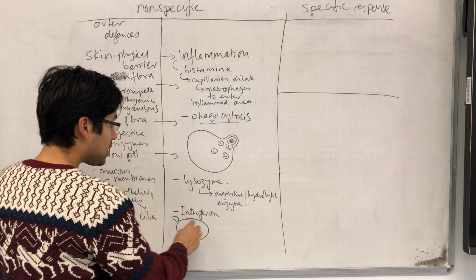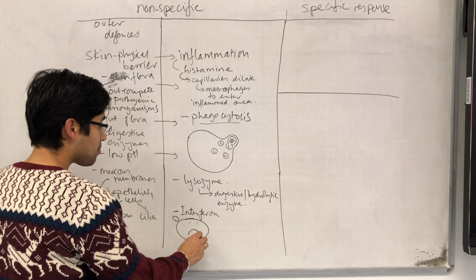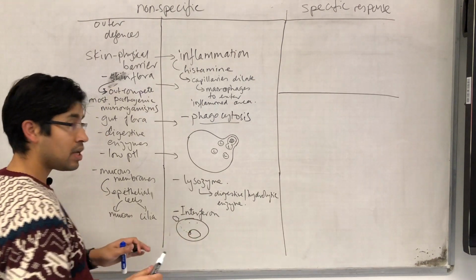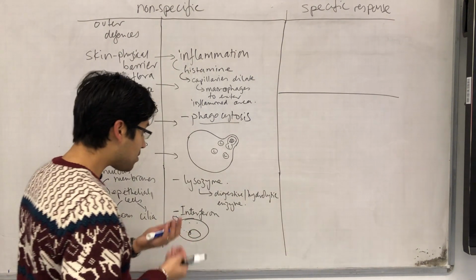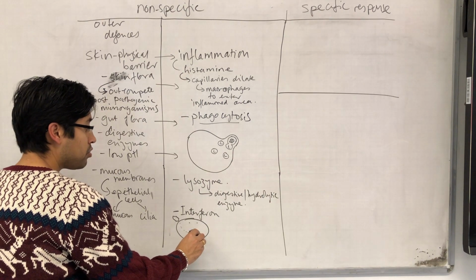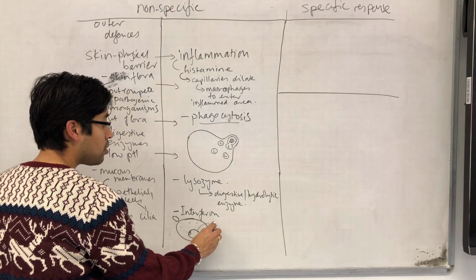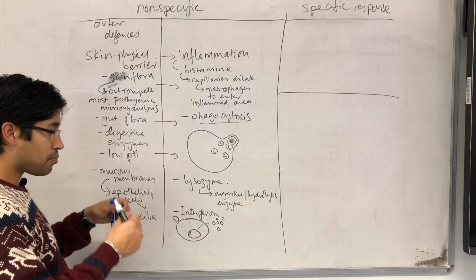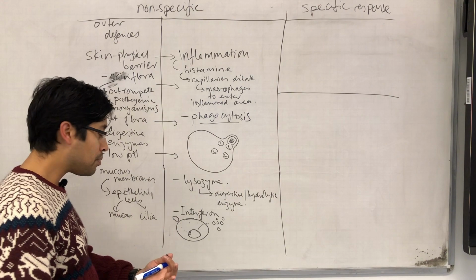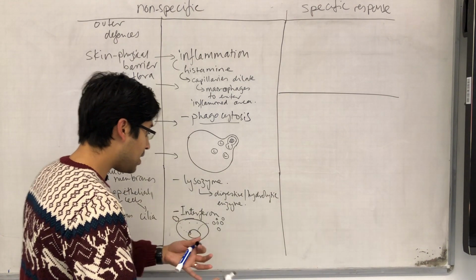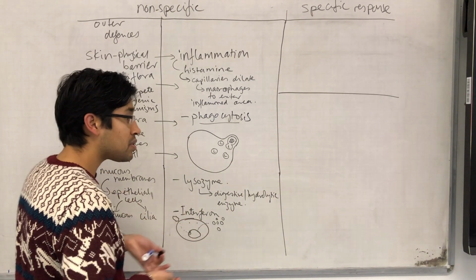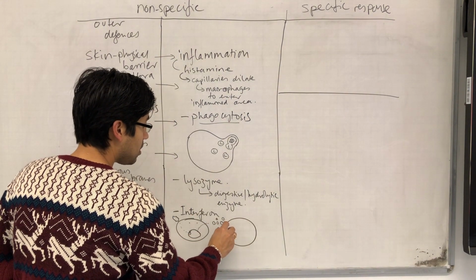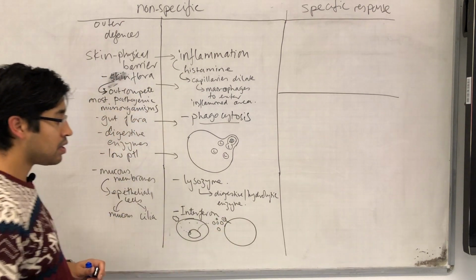But the presence of the virus causes a change in gene expression in the nucleus. It activates certain genes that cause the production of a protein called interferon. So the gene is transcribed, the mRNA is translated, and this protein interferon is produced and released from the cell.